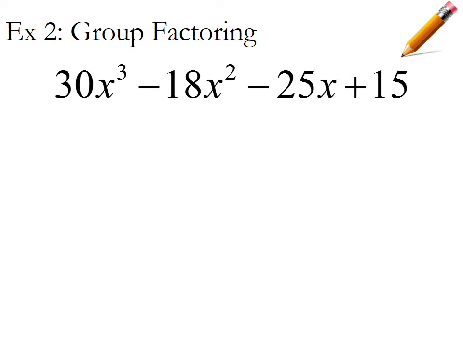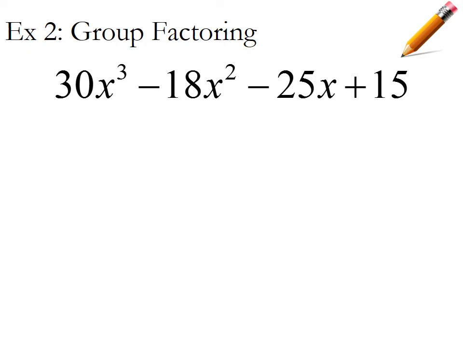In this case, I don't have a common factor of x because of my constant on the end. And I don't have a common number I can take out. 3 divides into 30, 18, and 15, but does not divide out of 25. 5 divides into 30, 25, 15, but not 18. So it looks like we should have something to take out, but we don't.